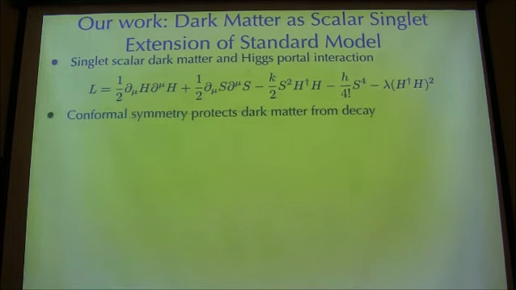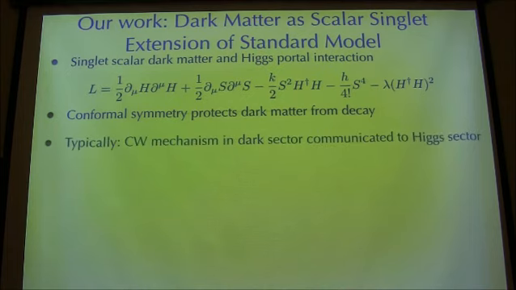And what we've done is taken the idea that we use conformal symmetry as a guiding principle. What it's going to do is protect dark matter from decay. We can't write down an interaction that violates conformal symmetry and, we can't write down an interaction that preserves conformal symmetry and allows dark matter to decay.